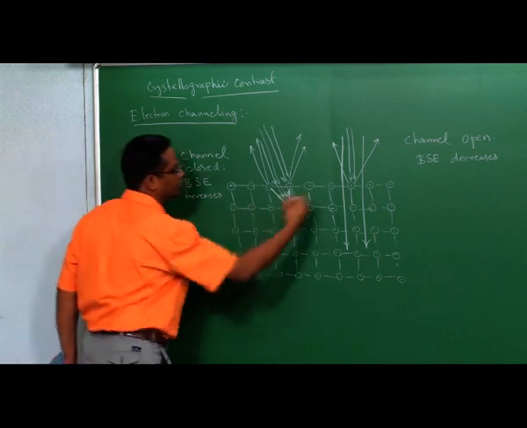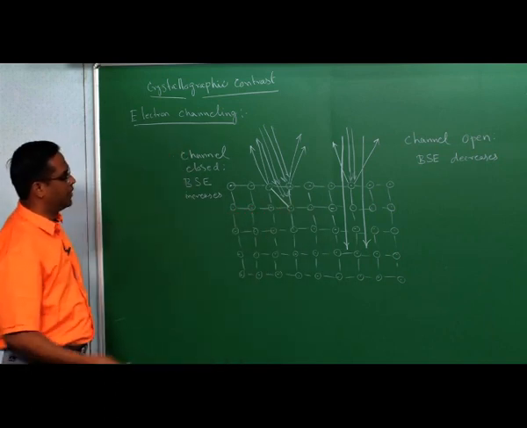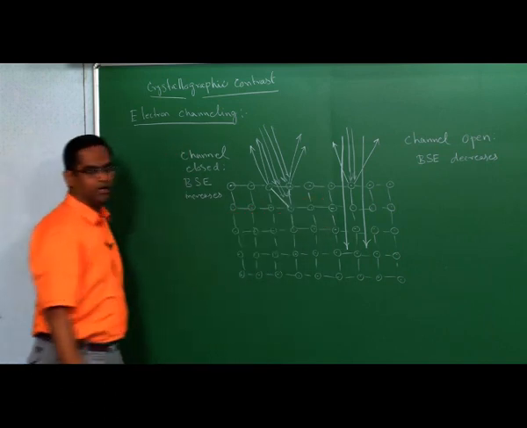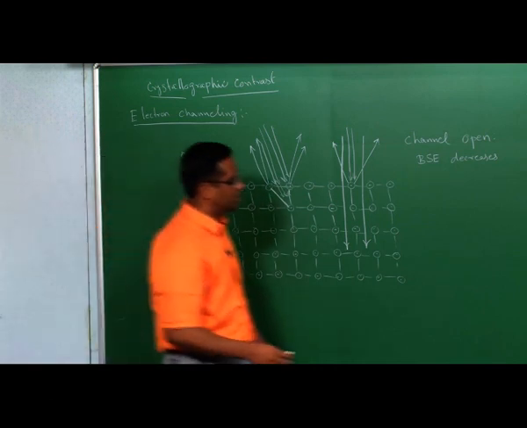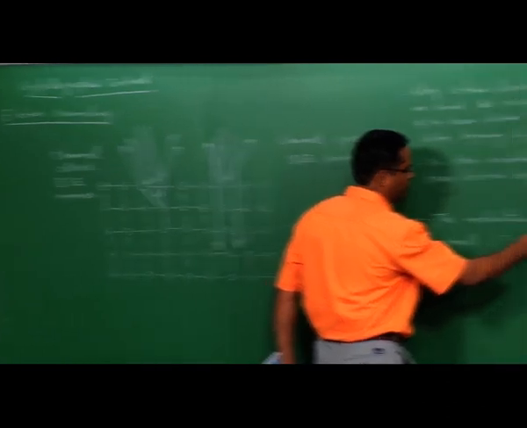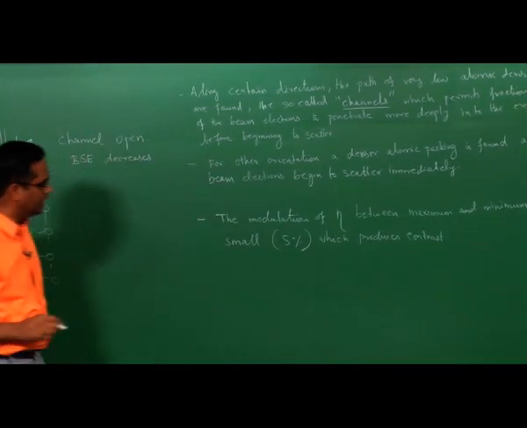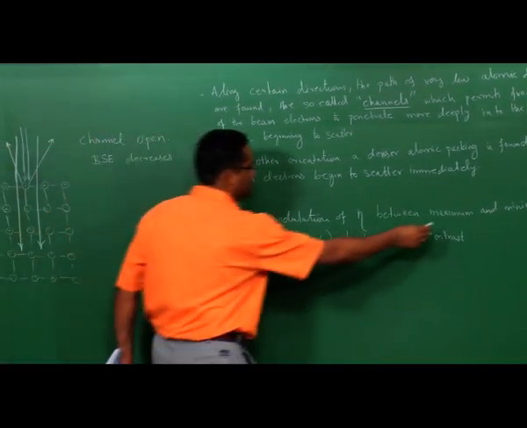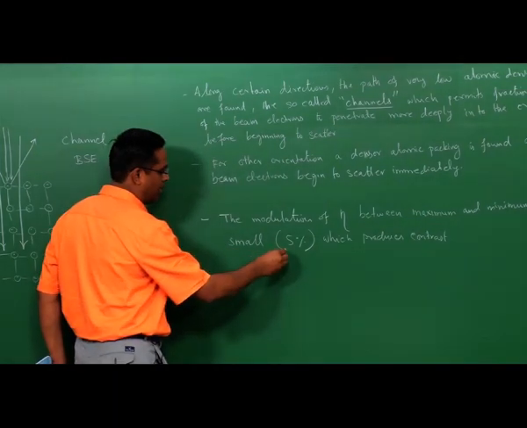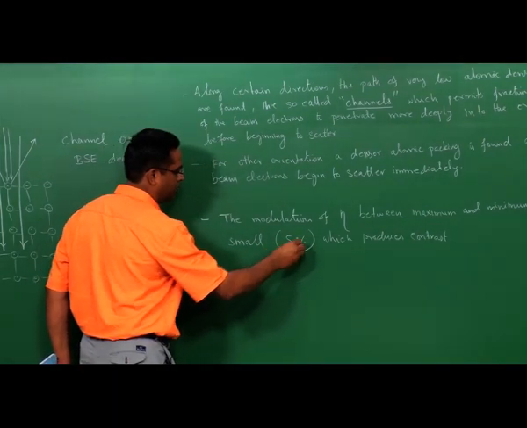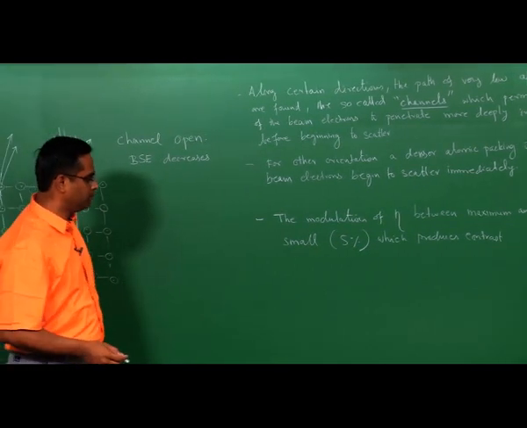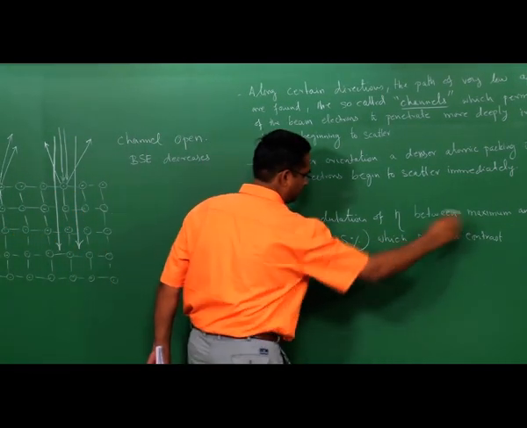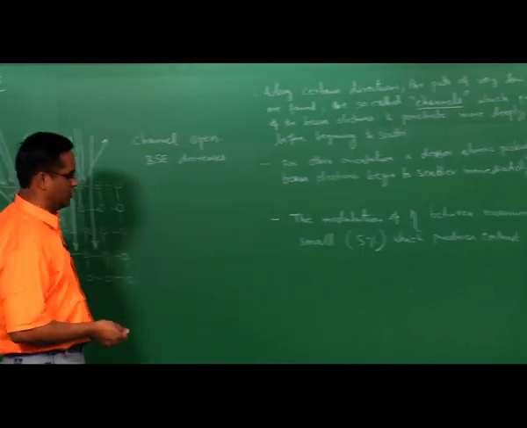So, these two produce a difference in the signal, which produces a contrast. If you see, the modulation of eta, that is the backscatter electron yield, between the maximum and minimum is very small; it is not a very big number here, the contrast difference is only 5%, which produces the actual image.